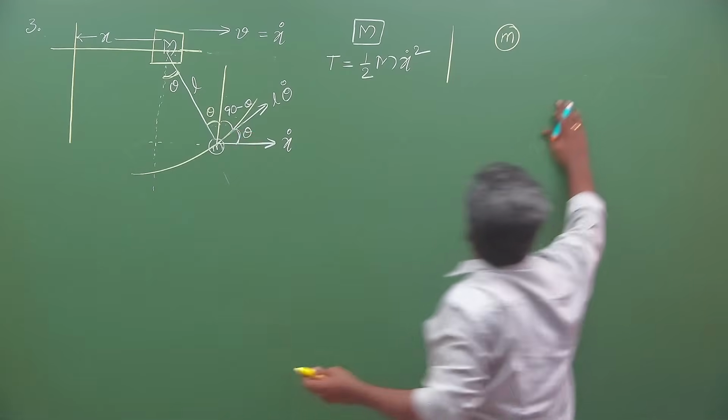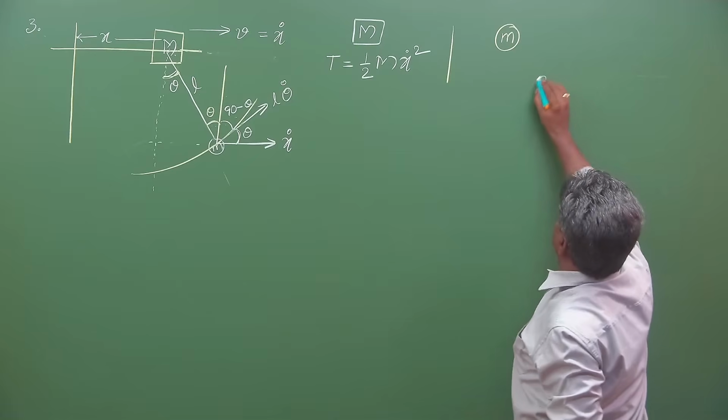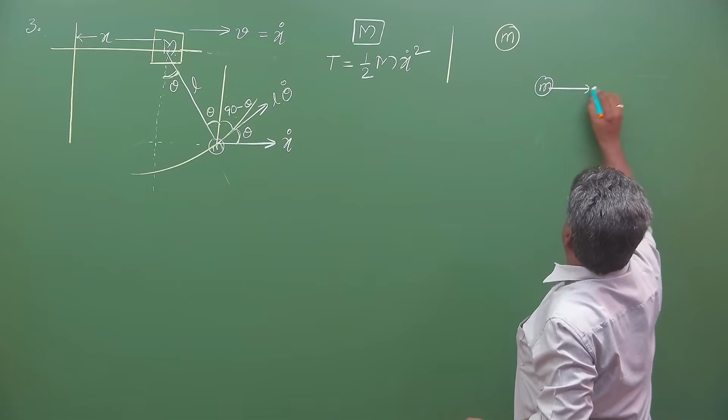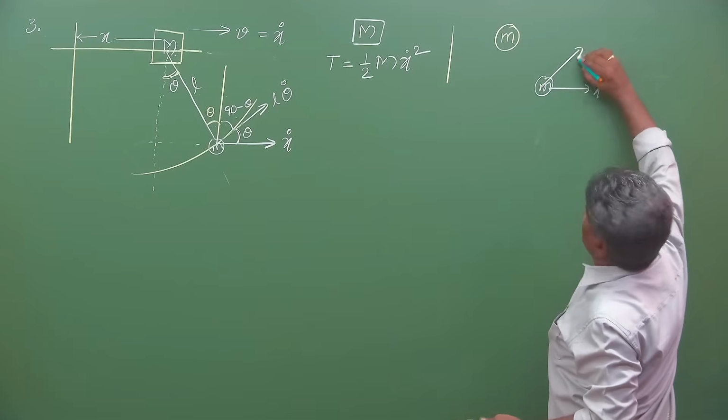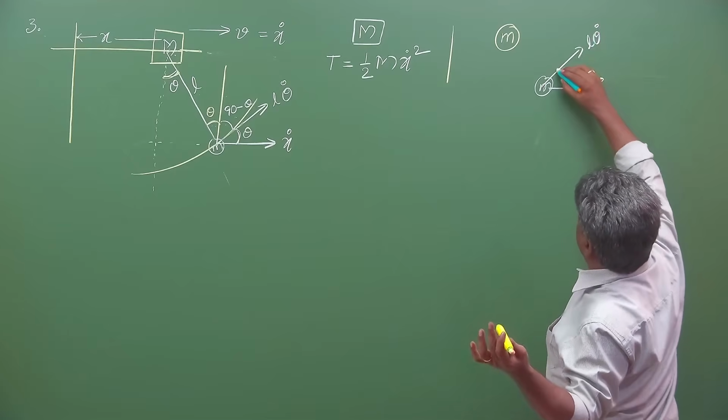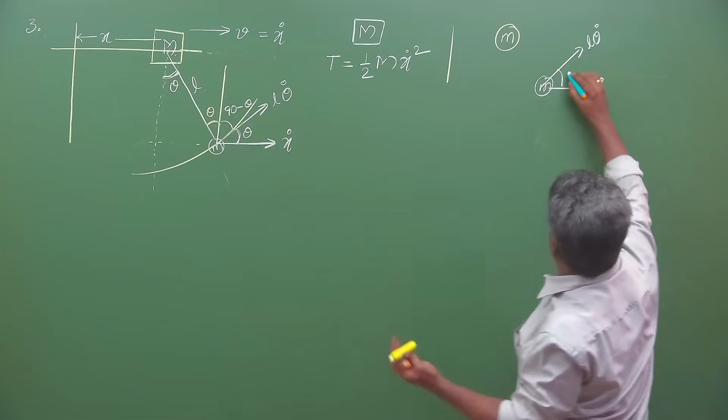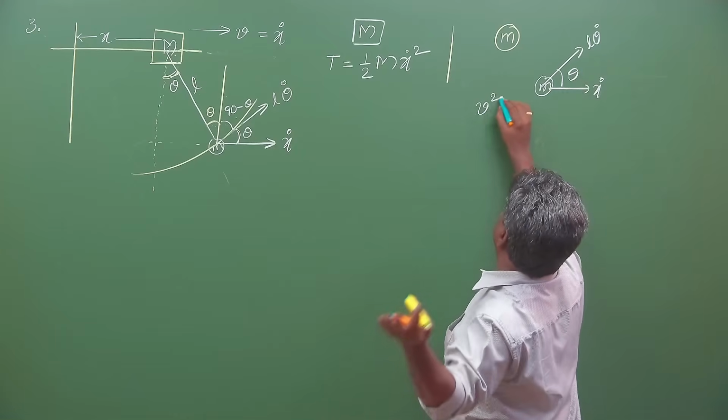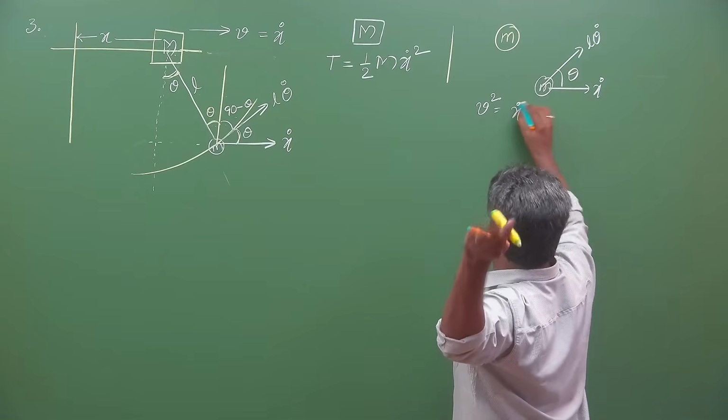Now small m has two velocities. One is x dot, another is L theta dot. What is the angle between them? Super. Could you please tell me the resultant velocity?